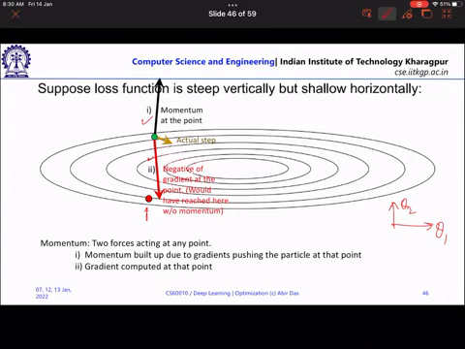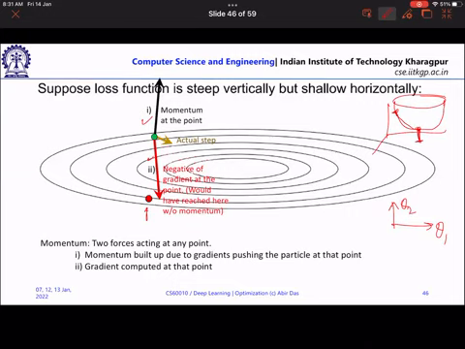So if we consider this as a particle moving along this surface, I'm again just drawing a smaller version of this. You are moving along this surface and you want to reach here, and the corresponding theta you would be declaring as the minimizing argument.